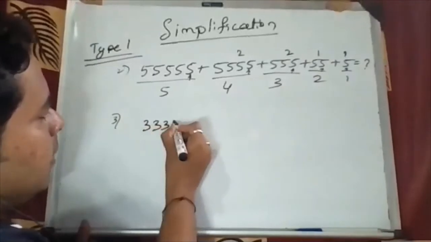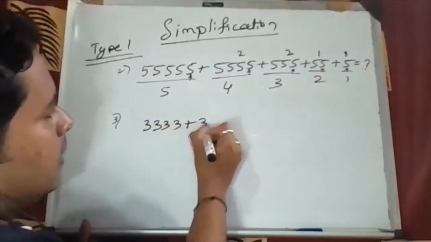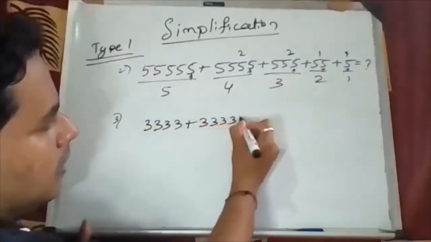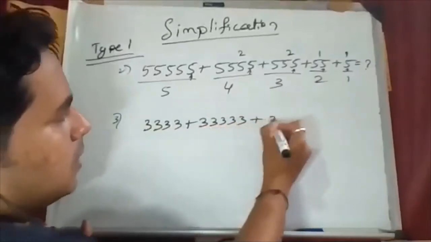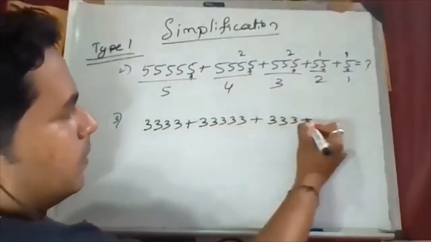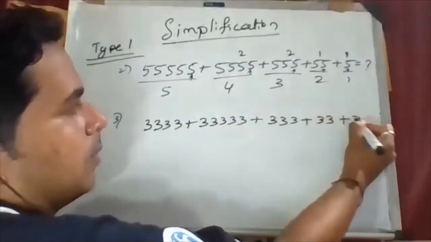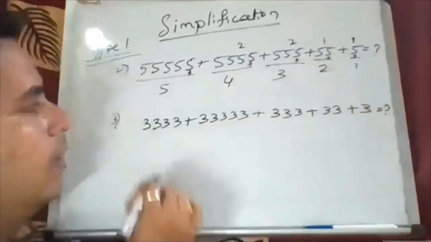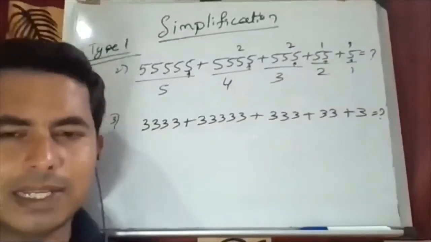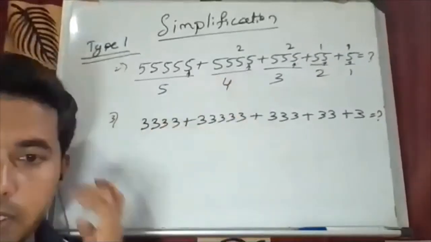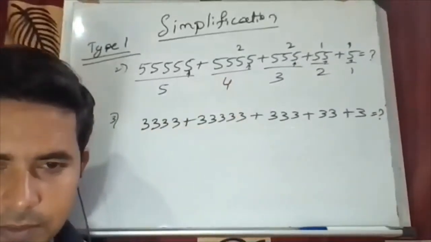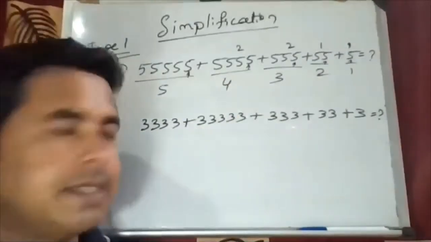This example: 3333333 plus 33 plus 33 plus 3. Okay. So a slight change from the previous type. How to do this? What is the difference?